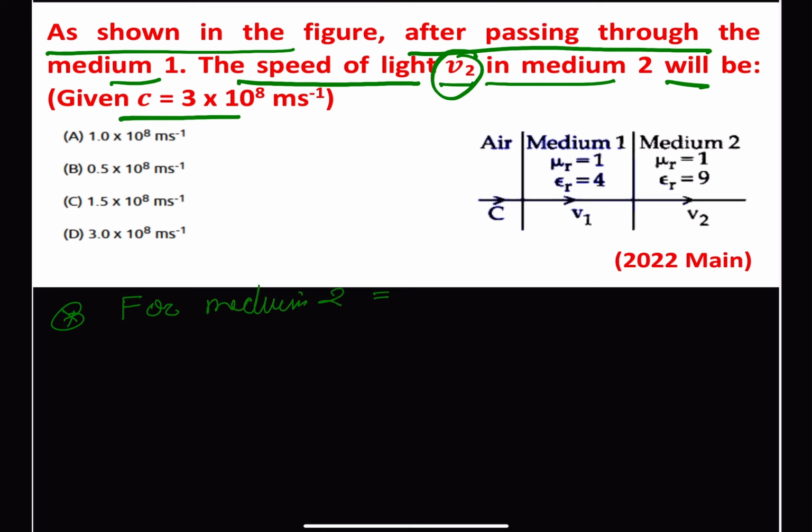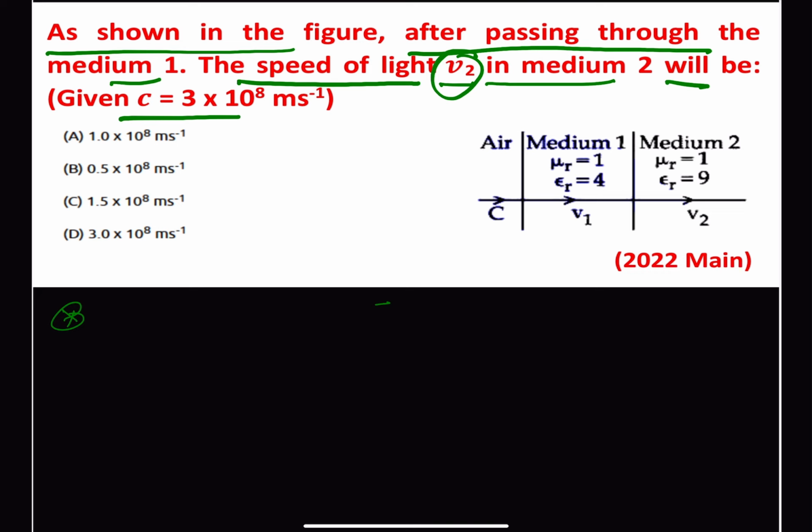Let us suppose the refractive index is given as mu2, and we have to do it in a relative way, not this way.